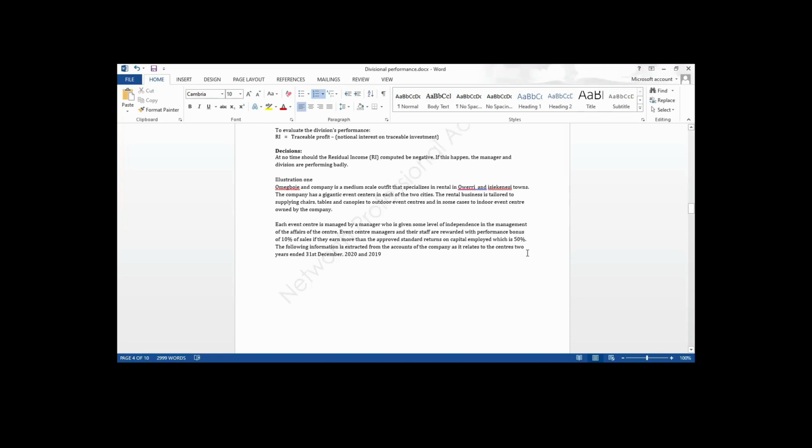Performance bonus will be paid if a company can achieve above 50% return on capital employed. And that performance bonus is equal to 10% of the sales.